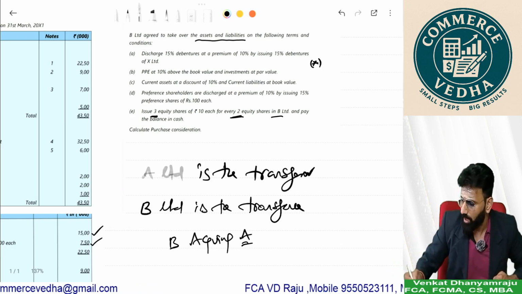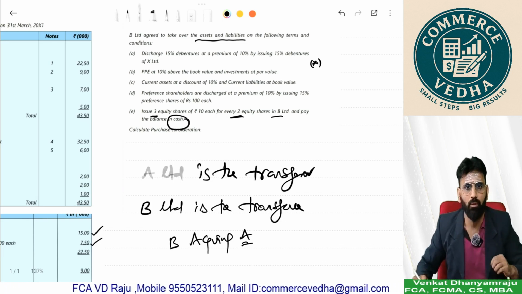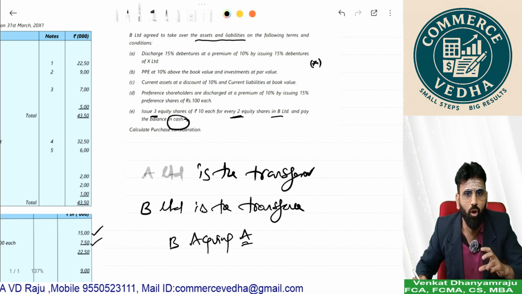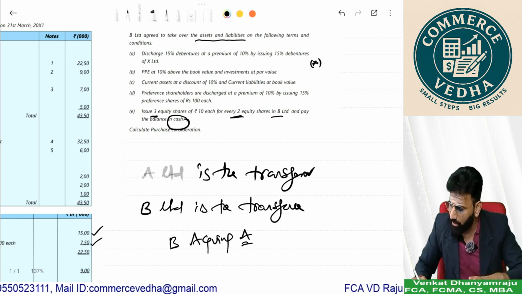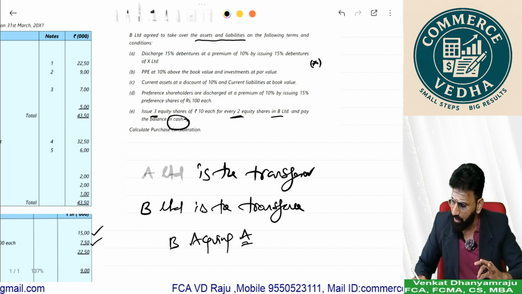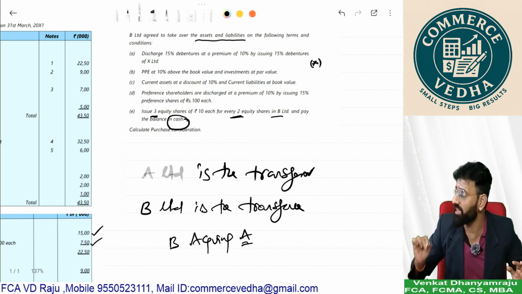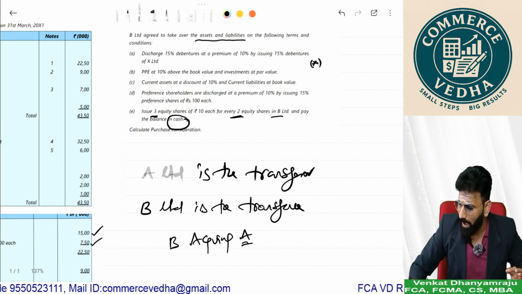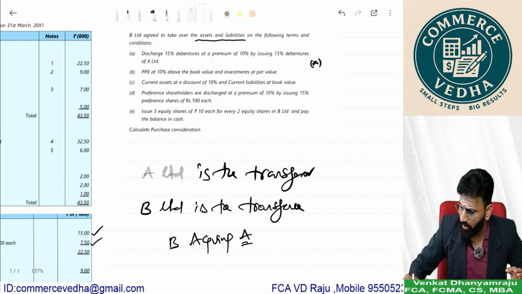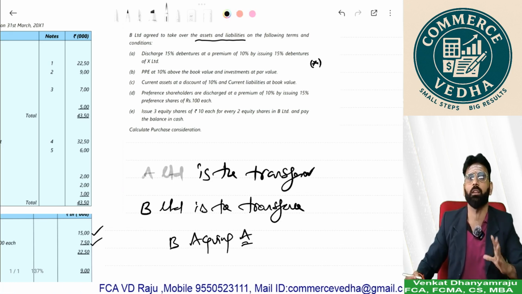So now, the important word is balance in cash. There is no clarity on net payment because for equity, price and quantity are given, for preference, quantity and price are given, but the balance amount is in cash. How do we identify what is the balance amount in cash?